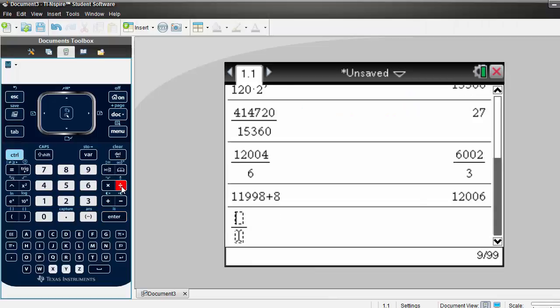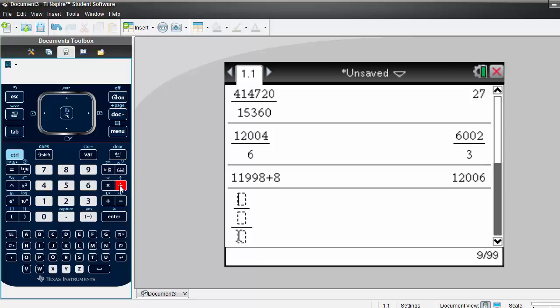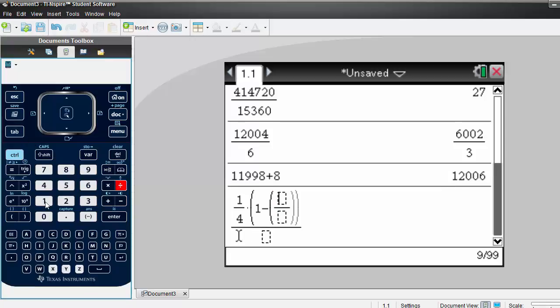So let's go ahead and do this. We're going to hit Control Divide, and then we're going to hit Control Divide again. I'm going to put 1/4. We're going to multiply this times 1 minus, open another parentheses, we're going to do Control Divide again. 1 over a fourth. Close that up.